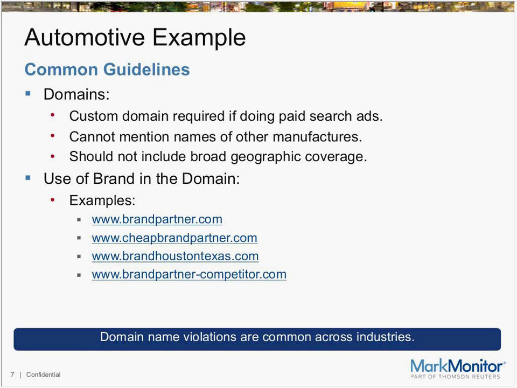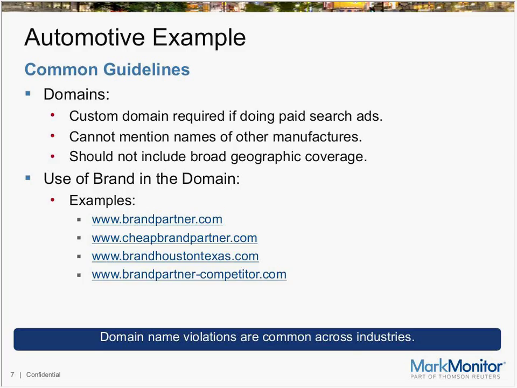So on the domain front, these are some common guidelines that we found in different automotive company agreements for their partners. So if somebody is doing paid search ads, they require a custom domain name.